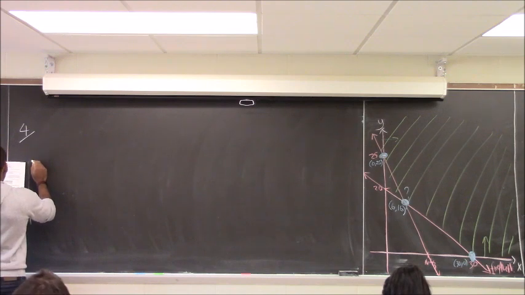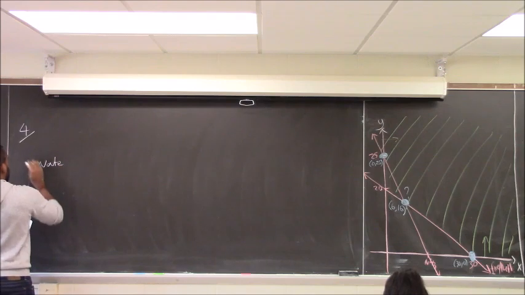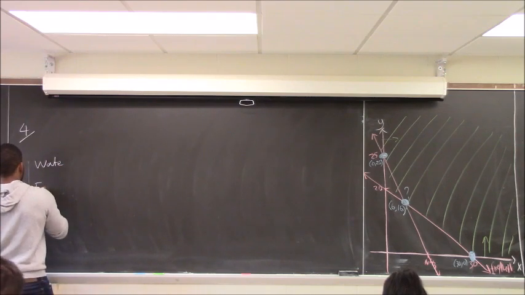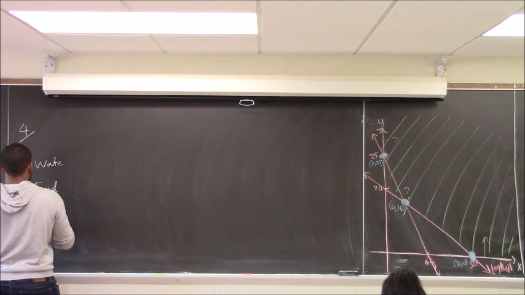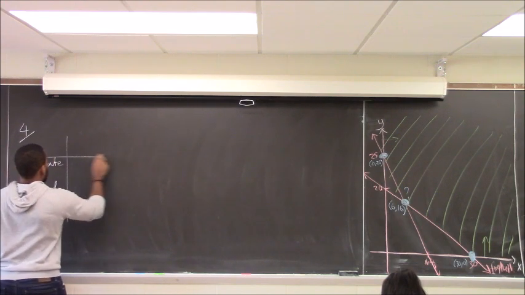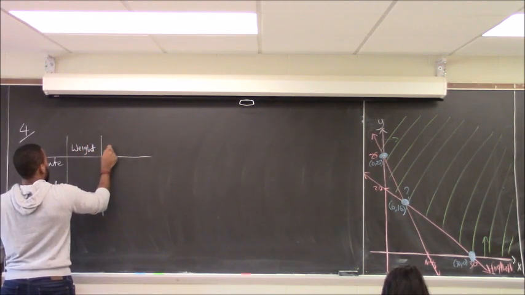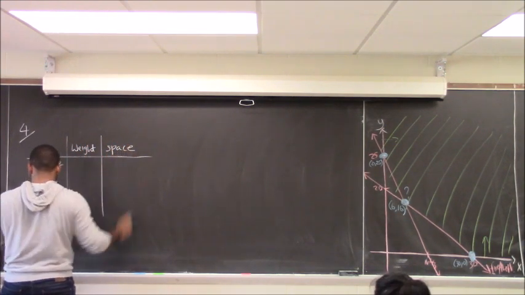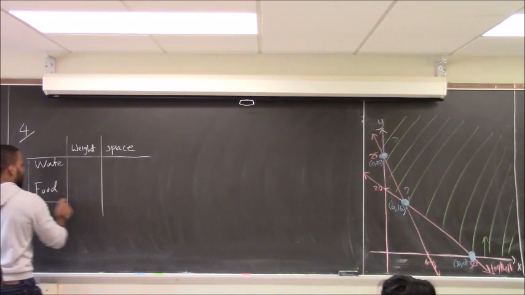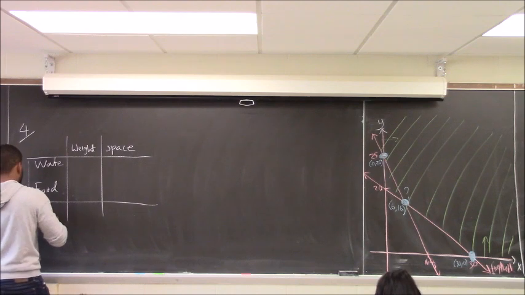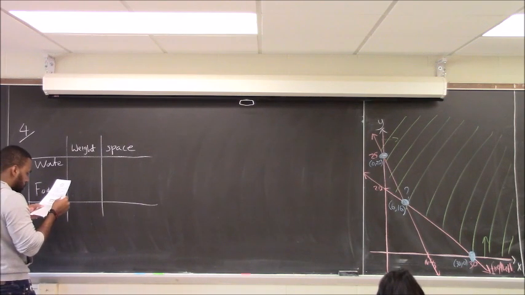Looks like we want to talk about water and food, and their weight and the space that they take up. And let's talk about the max that we can handle.